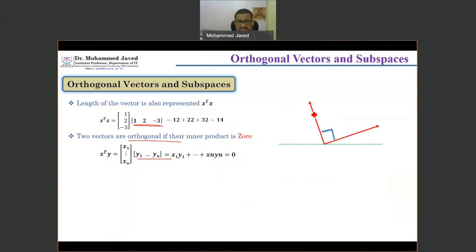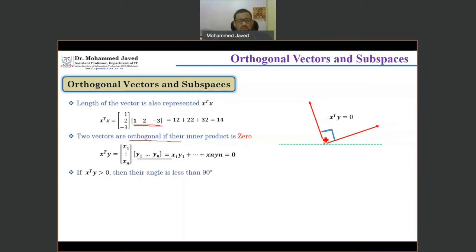Geometrically, how do you see that? Suppose there are two vectors, vector x and vector y. When you multiply them, you get the inner product, that is the dot product of these two vectors, which is 0. That implies that these two vectors meet at 90 degrees. Okay.